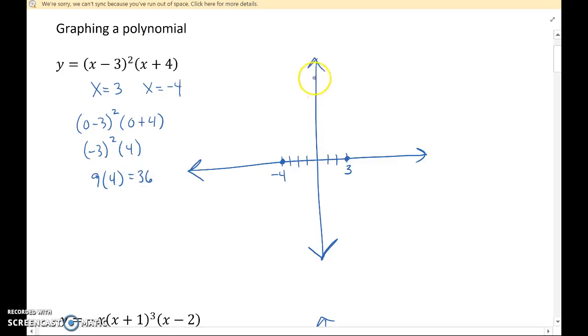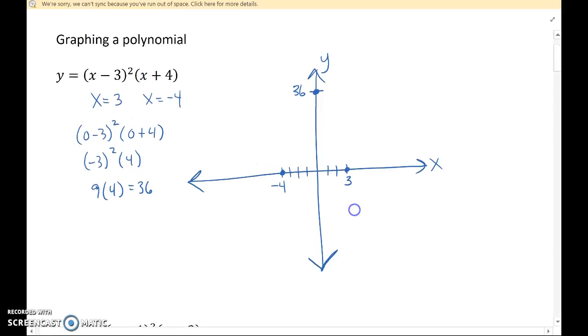So somewhere up here on your y-axis, you need a point at 36. An important thing to note also is that you cannot cross the x or y-axis without going through one of those points. The next thing to identify in graphing this is what is its degree.